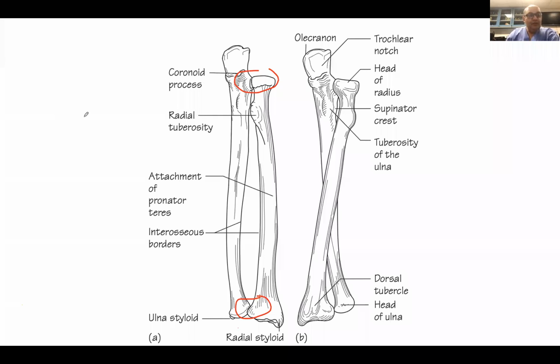Perfect. What is the main difference between dislocation and separation? Dislocation means something pops out of its place, and separation means something is separated, going away. Let's say the head of the femur has come to this place.